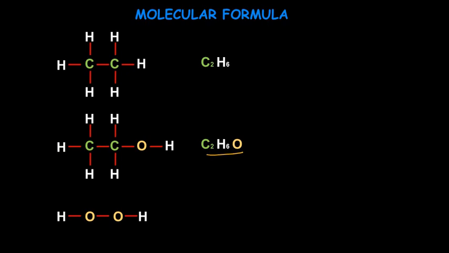Here is one more example here again in which we have oxygen and hydrogen. Now let's count how many oxygen and hydrogen we have. We have 2 hydrogen and 2 oxygen. So our molecular formula is H2O2. So we can say that molecular formula is very simple thing where we just write the number of atoms of each element present in a compound or a molecule.